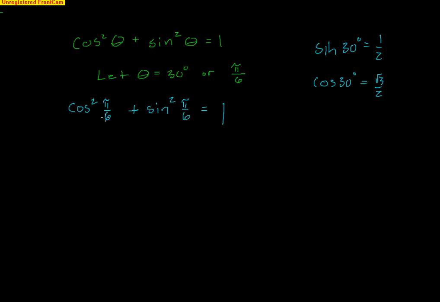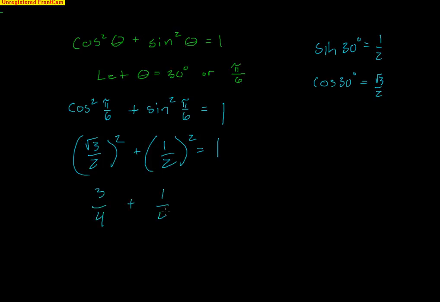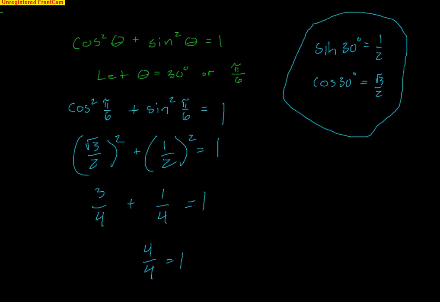Pi over 6 is 30 degrees. So cosine of pi over 6 is radical 3 over 2, but it needs to be squared, plus sine of 30 degrees, which is the same thing as pi over 6, is 1/2, but it needs to be squared. And I get 3/4 plus 1/4 equals 1. And of course, 3/4 plus 1/4 equals 4/4, which is 1. Thus, proving that these values must be correct.